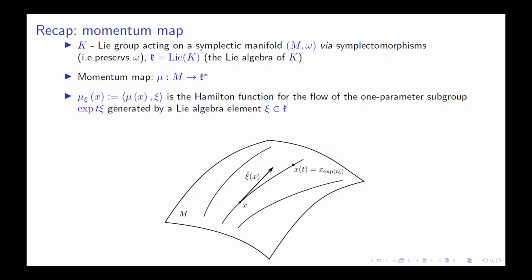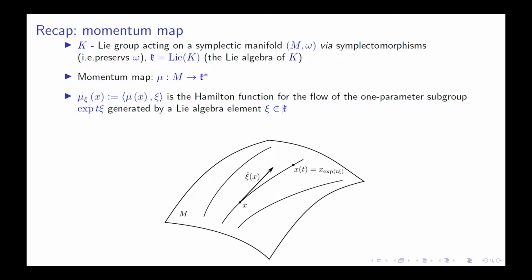The group acts on this manifold, our phase space, via transformations which preserve these differential structures. In classical mechanics, as I already mentioned, they are usually called canonical transformations. They do not change Poisson brackets, which are determined by this symplectic form.